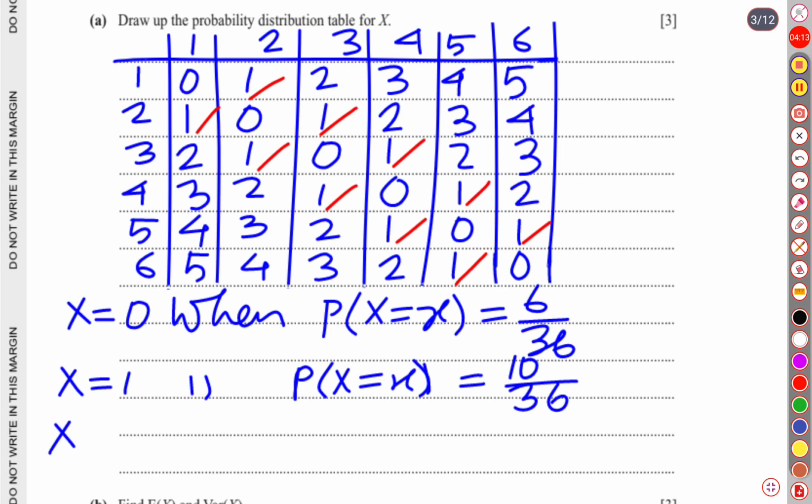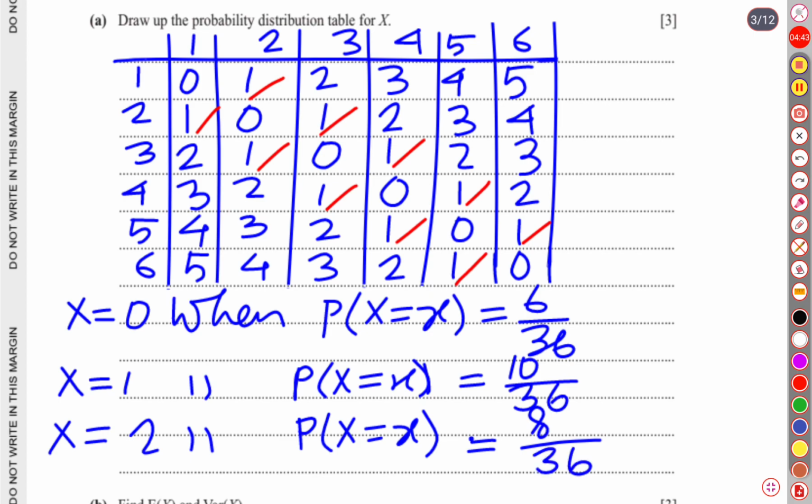Then the next x value. When x is equal to 2, how many 2's are there? Let's count. 1, 2, 3, 4, 5, 6, 7, and 8. There are 8 2's. So 8 over 36.